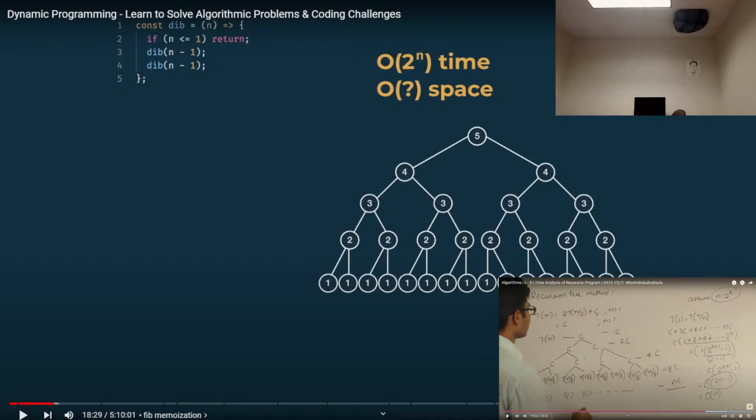It is only O of n. 2 will make it 2n, trying to increase it, double it, at rate of 2. Log of this is trying to decrease it at rate of 2. So overall O of n.